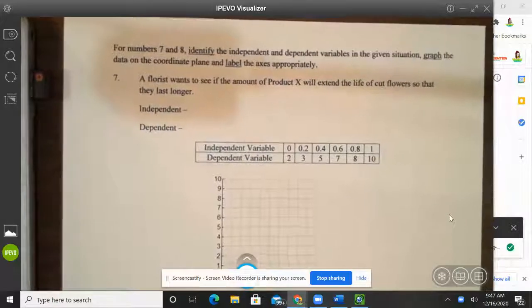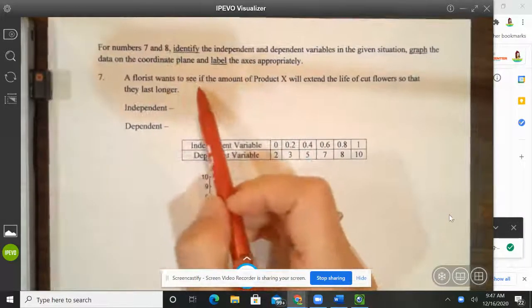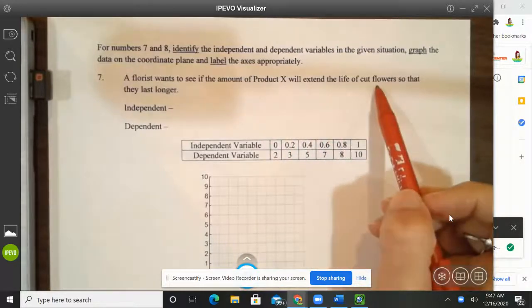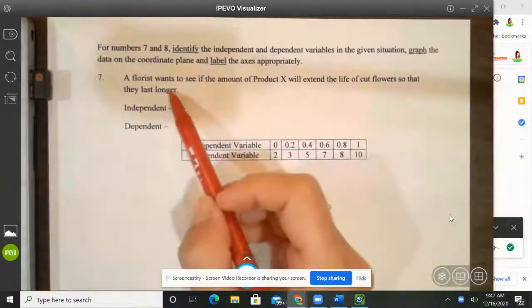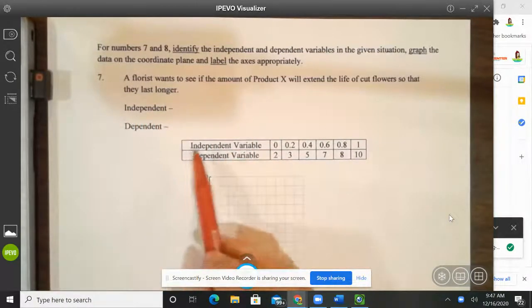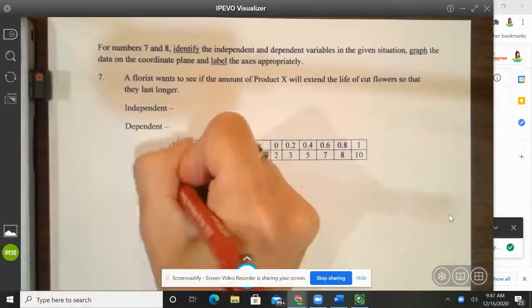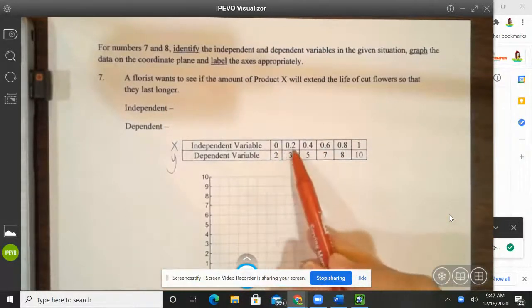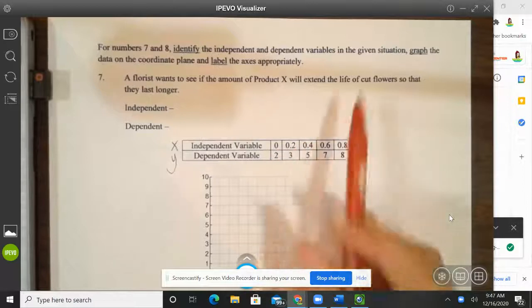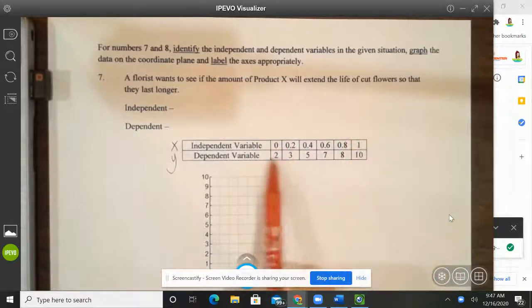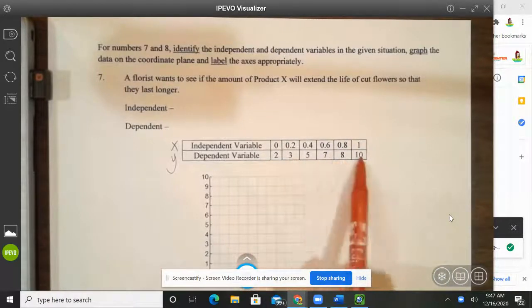Now let's look at it in a little diagram. It says a florist wants to see if the amount of product X will extend the life of cut flowers so that they last longer. The independent variable is my X, and the dependent variable would be my Y. So 0, 0.2, all this is the product X, and it will depend on how much longer the flowers will stay.